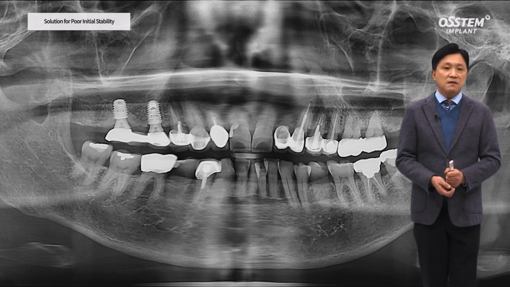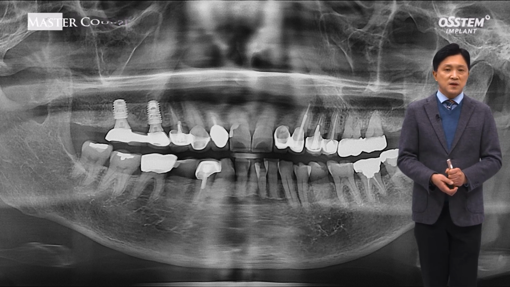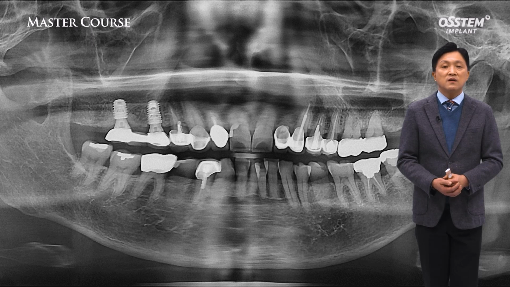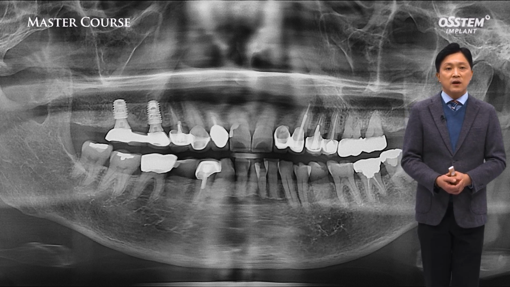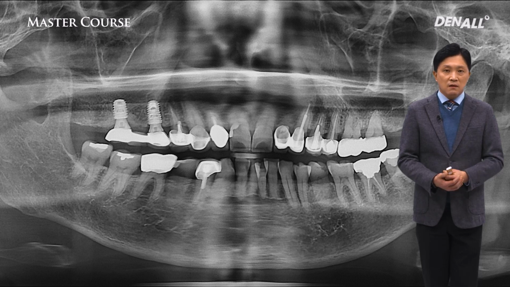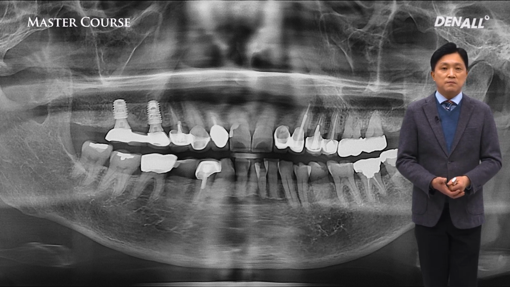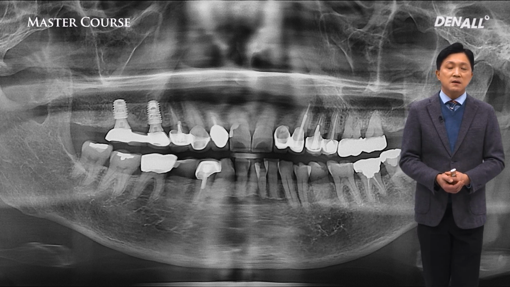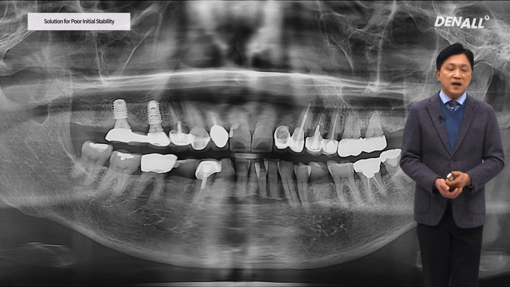So the osseodensification method needs more data accumulation. Until then, to increase the initial stability, I believe one-step undersized drilling would be as effective as the osseodensification method. Not a significant difference between those two.